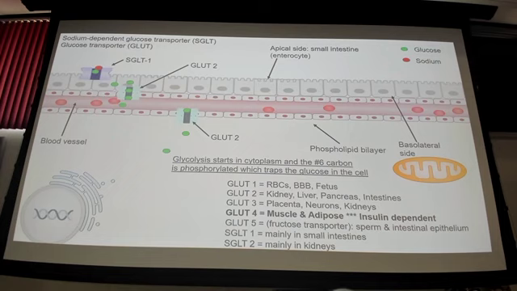So that means that glucose is stuck in the cell, and that means it's probably going to continue on in the glycolytic pathway. So again, when carbon number 6 is phosphorylated, once glucose enters the cell, it is trapped in the cell. Any questions?